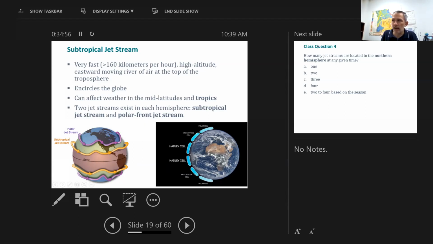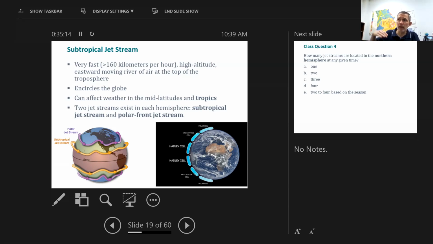what's going to happen is that air is going to be moving from the west to the east. And then in this area, we have at the North Pole, we have the polar vortex where this cold air is most compact. It's going to be moving away from the North Pole, and it's deflected in the northern hemisphere to the right.